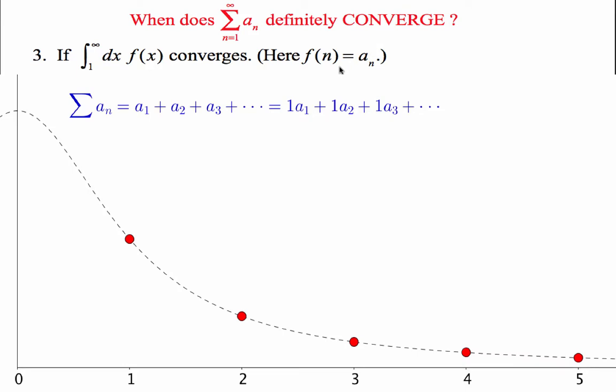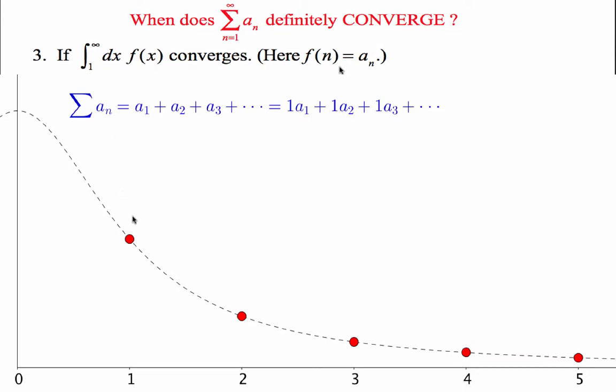Let's see why the integral test works, and in doing so, we'll also learn how to prove it. Here is the infinite series that we want to sum, a1 plus a2 plus a3, etc., which I'm going to write as 1 times a1 plus 1 times a2 plus 1 times a3. No harm done in that.